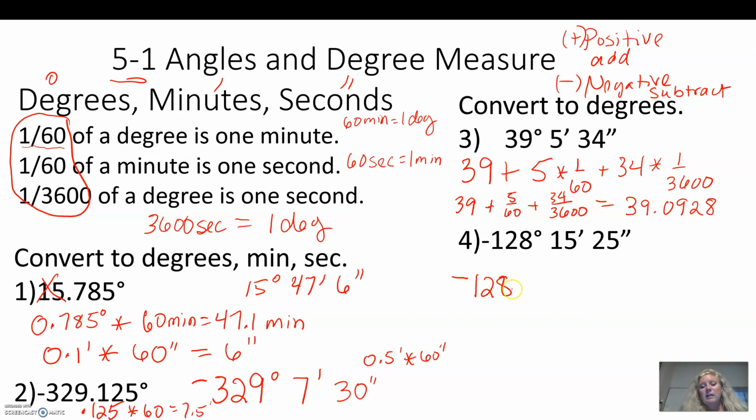Okay, so once you've got the negative 128, then we're going to subtract 15 times 1 over 60 minus 25 times 1 over 3600. You can rewrite that. Sometimes it's just easier to look at.